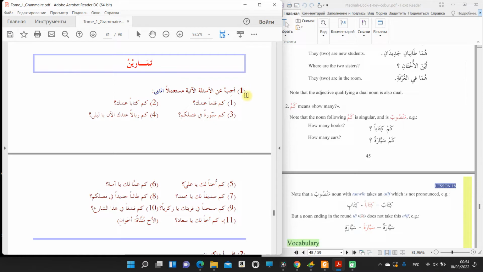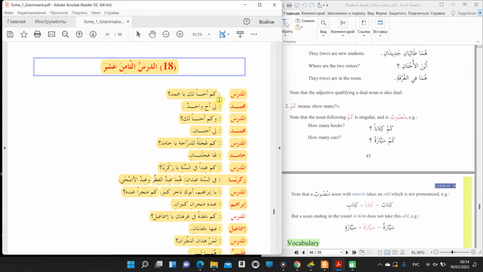And the first exercise, they are asking us, as usually, to answer the questions. Here they are asking us كم قلما عندك. How many pens do you have? And I think there was an answer, right?